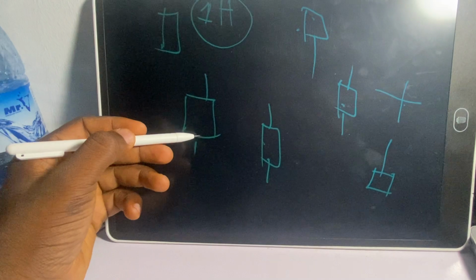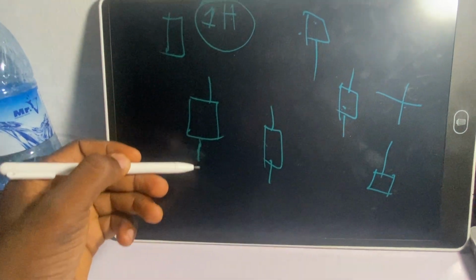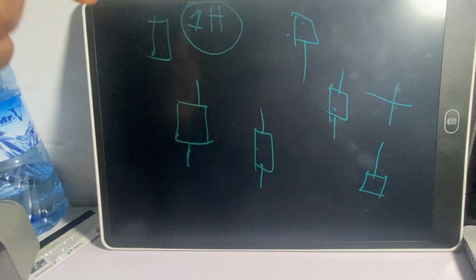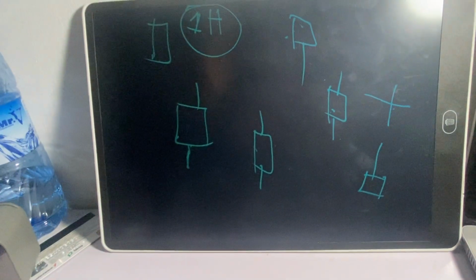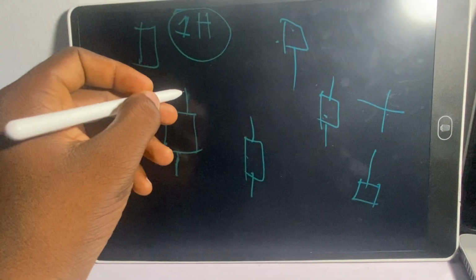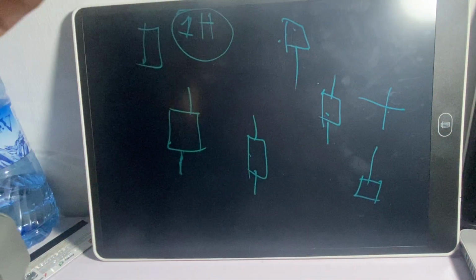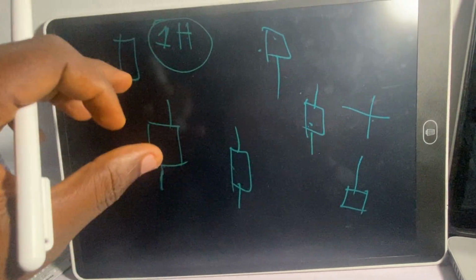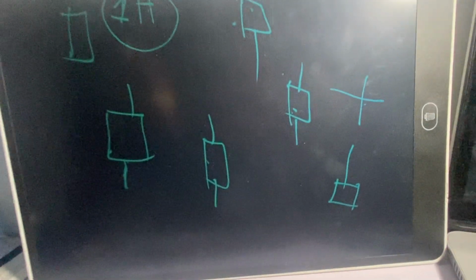The seller also tries to take it here, and the buyer brings it back. But in the long run, who has the color? The body is still bigger than these shadows, these wicks. We call these shadows, the long tails. The body is still bigger than the shadows, which means someone is still a little bit stronger.